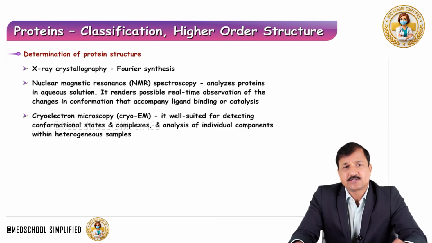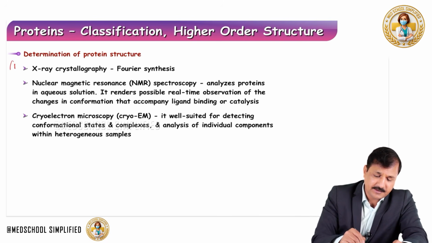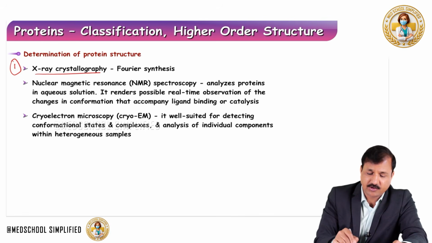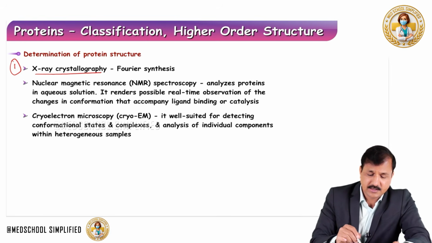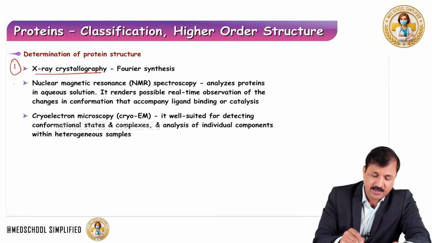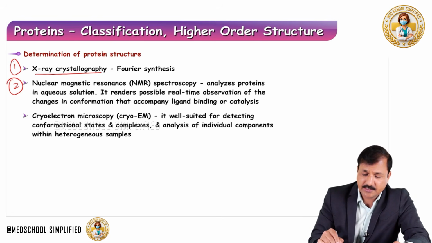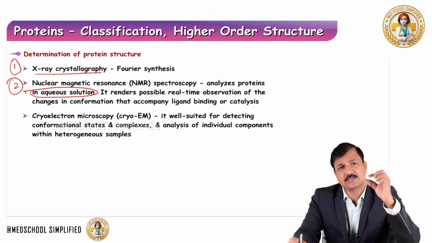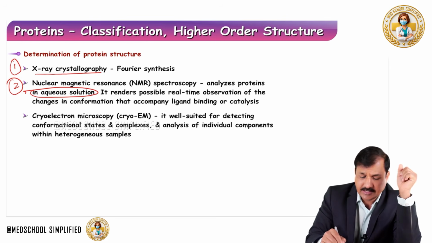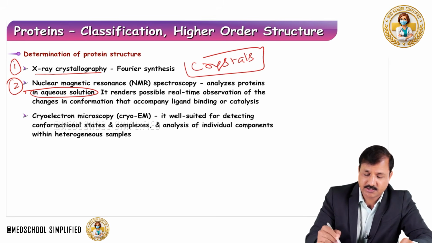Now, how do you determine these protein structures? We have seen primary, secondary, tertiary and quaternary structure. How do you determine that? It can be done through 3 mechanisms. Number 1 is X-ray crystallography, where a Fourier synthesis process is done, and that will determine the structure of a protein molecule. Then we have nuclear magnetic resonance spectroscopy, NMR spectroscopy. Basically, it analyzes proteins in aqueous solution, because X-ray crystallography analyzes the structure in crystals, as it is there in the name, crystals, a solid structure.